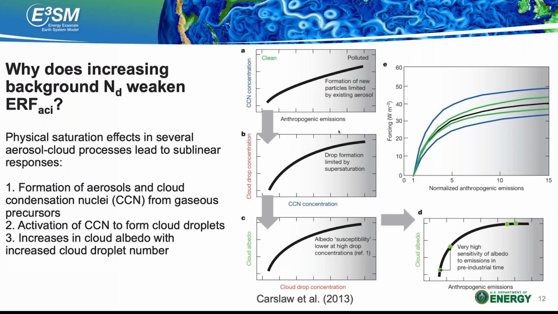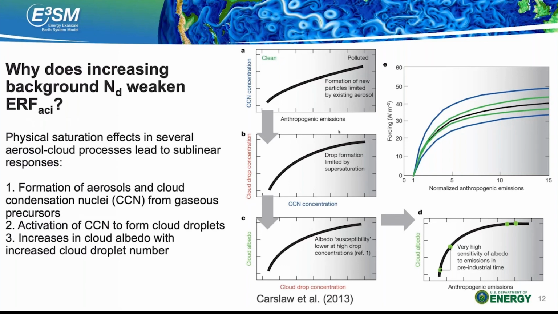There's a similar and fairly pronounced saturation effect in the activation of CCN to forming cloud droplets in regimes where there are very high concentrations of CCN, and particularly when those clouds have relatively lower updraft velocities and aren't able to generate high supersaturations.